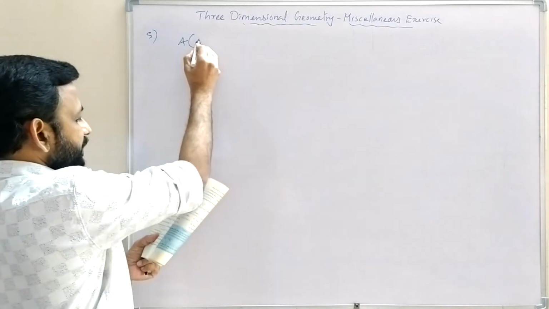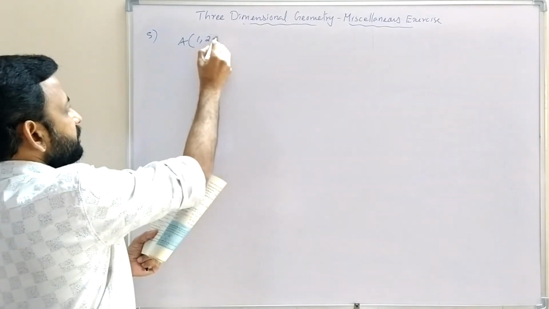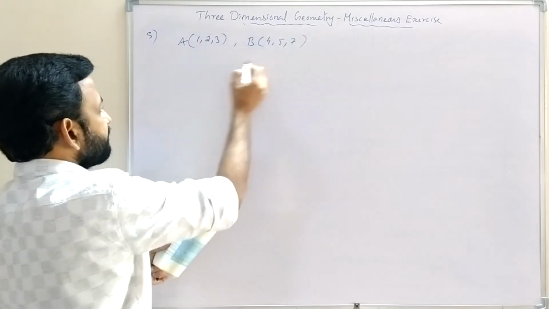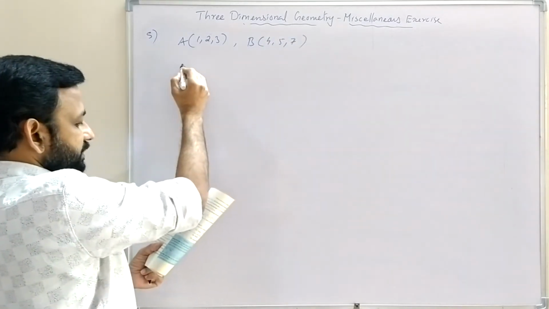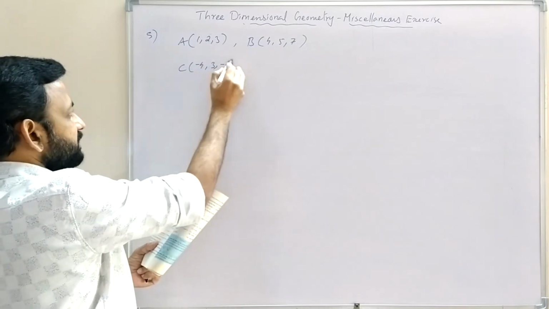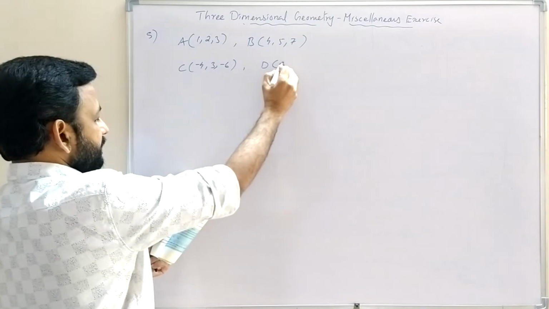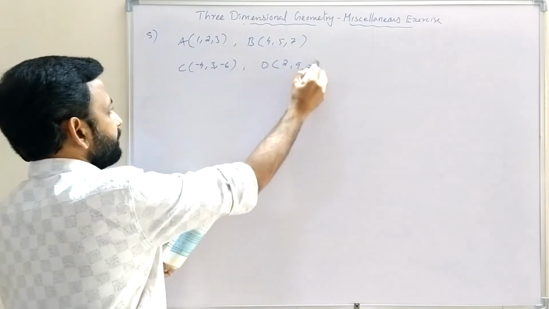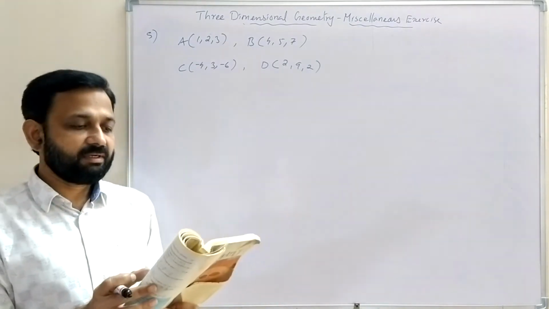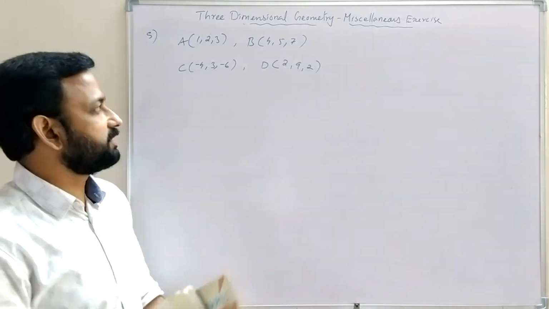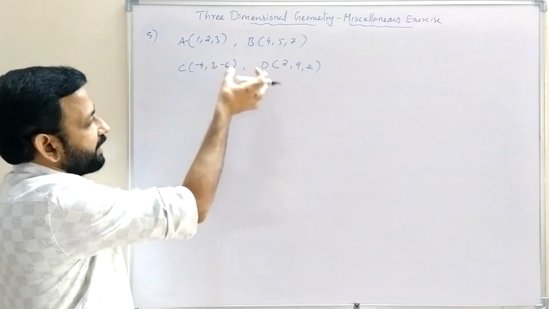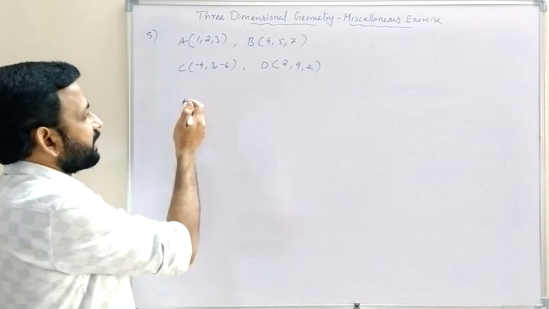The coordinates of point A are 1, 2, 3, B is 4, 5, 7, C is minus 4, 3, minus 6, and D is 2, 9, 2. So we need to find the angle between the lines AB and CD. First we can find the direction ratios of AB and of CD, then we can find the angle between them.